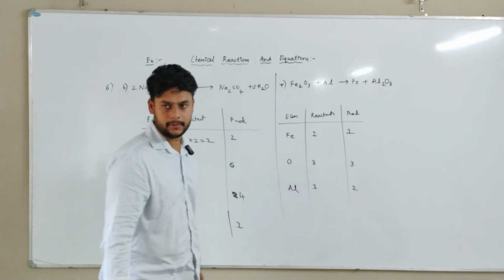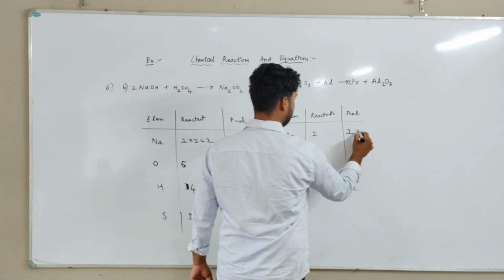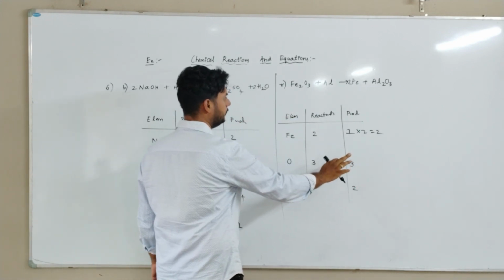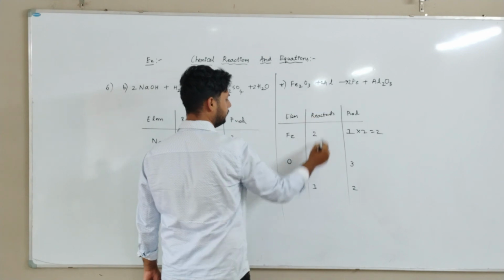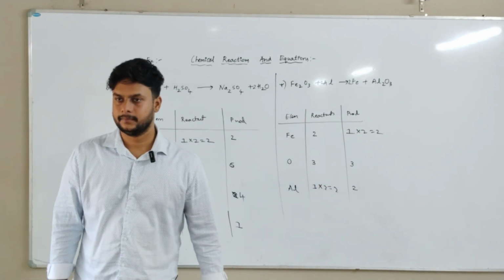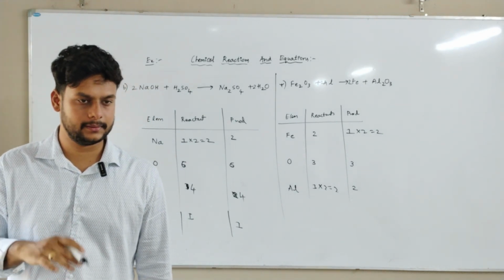So initially I will change Fe only. Here Fe2 is there, I will make this as 2 Fe. Balance, correct? And Al1 is there, this is 2 is there. So I will make this 2 Al. Over. How many got this answer? Getting over? So slowly as you try, keep doing, will start getting the answers.